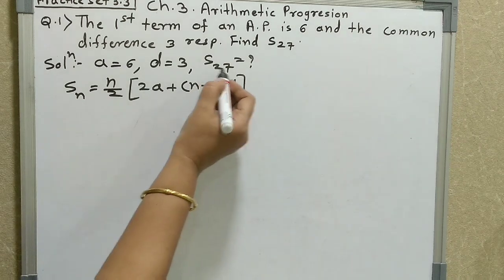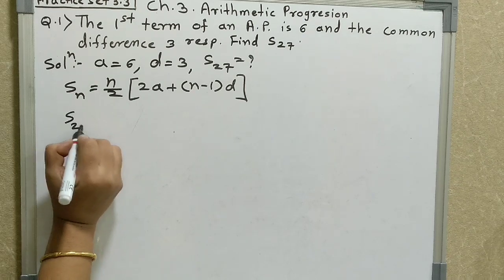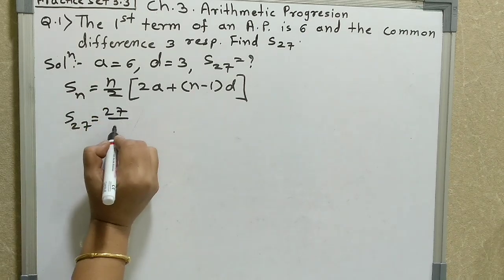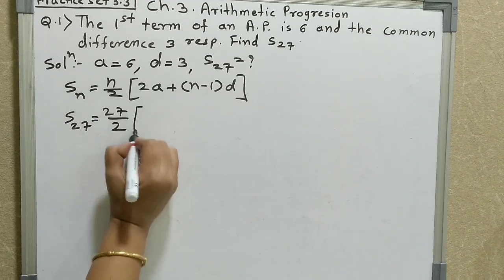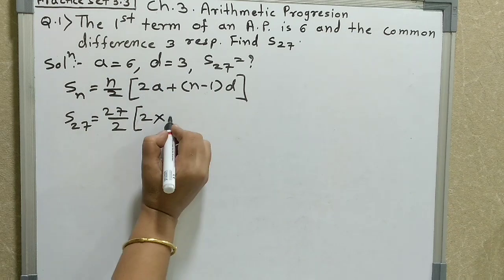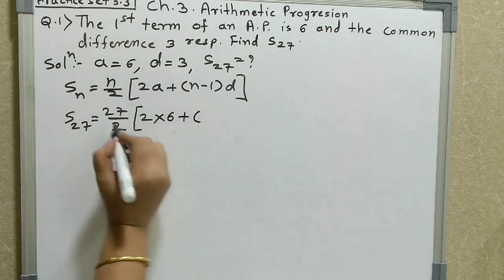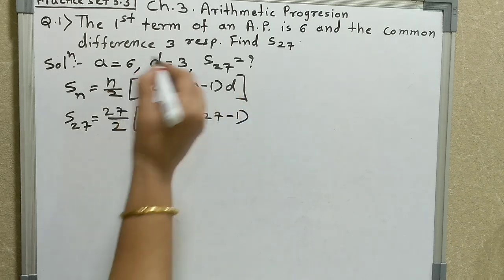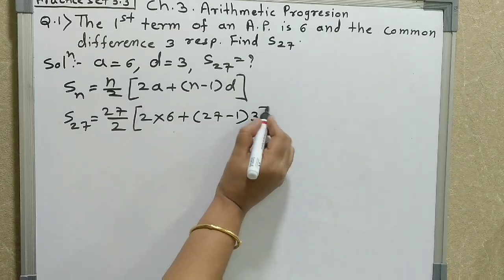So S27: n means 27 upon 2, 2 into a, the first term, which is 6, plus n, which is 27, minus 1, and d, the common difference, 3.